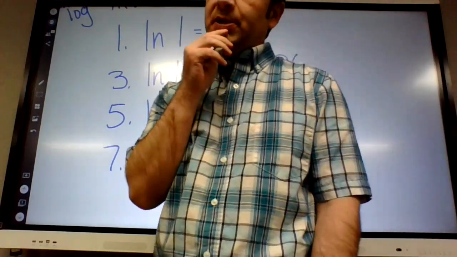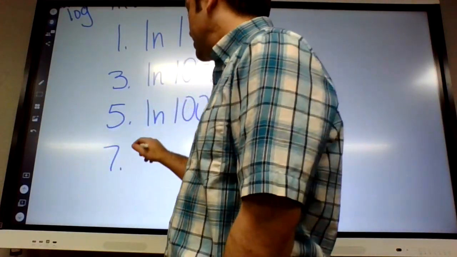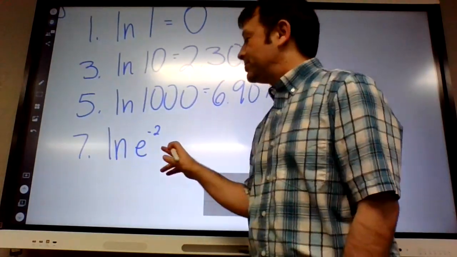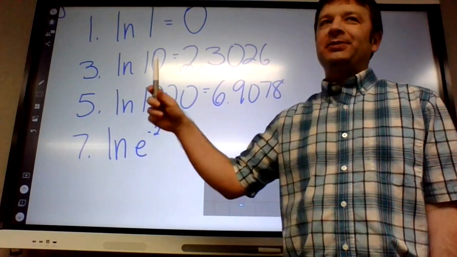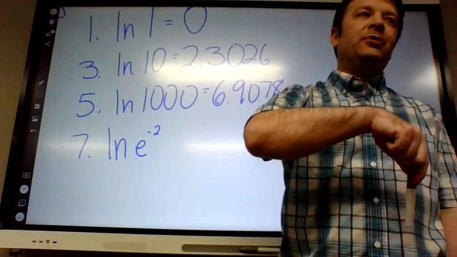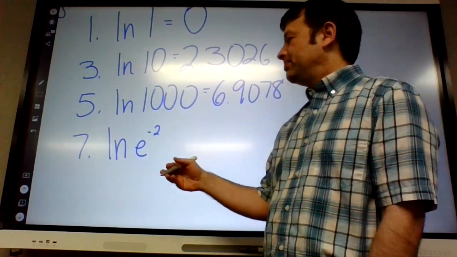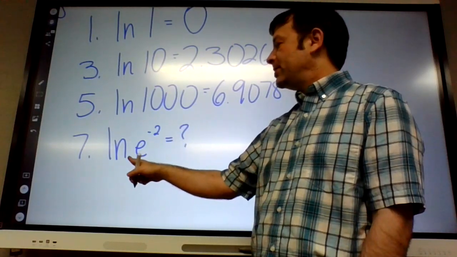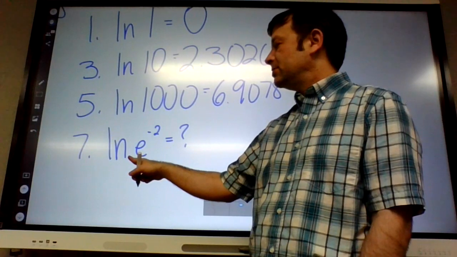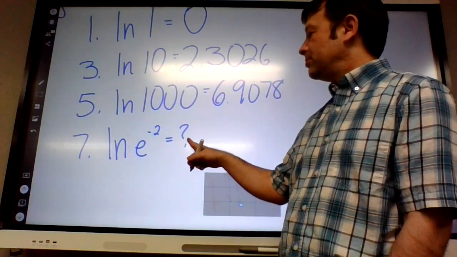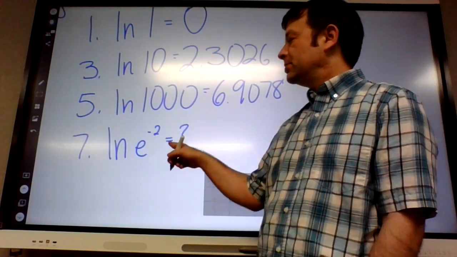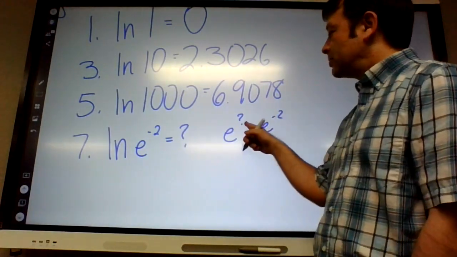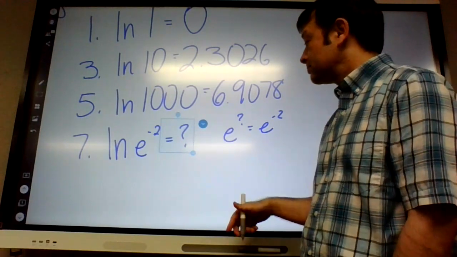All right. Number 7, find each natural log without using a calculator. My advice on this one is to rewrite it in exponential form, and then it might be kind of obvious. So we'll just say equals question mark. What's the base right here? E to the what equals e to the -2? So what would the what have to be?